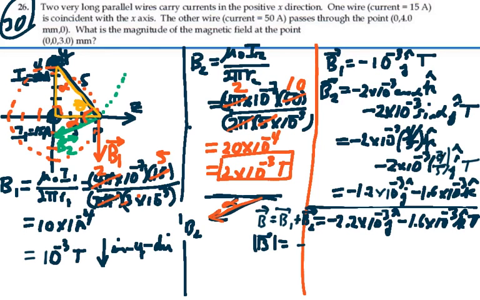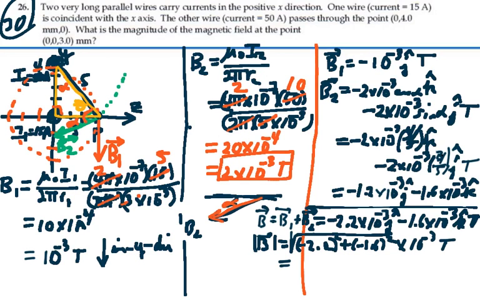So this is going to be negative 2.2 squared plus negative 1.6 squared, all that square root, times 10 to the minus 3 Tesla.